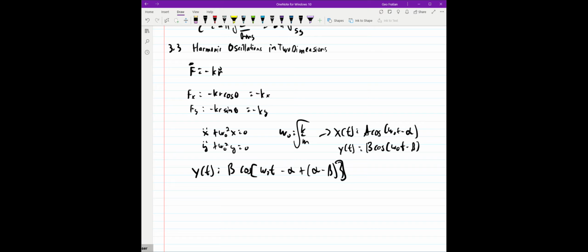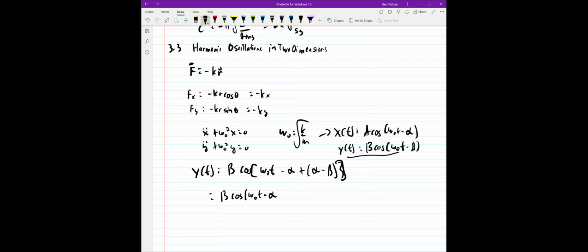We're just adding and subtracting alpha, so we're getting beta. So it's just this equation right here. And that lets us expand this using a trig identity.